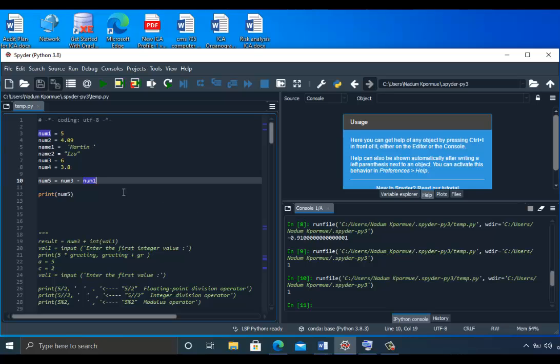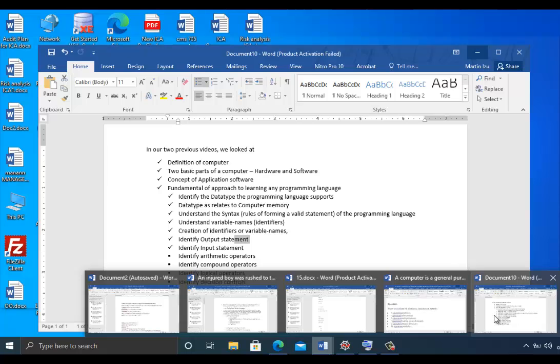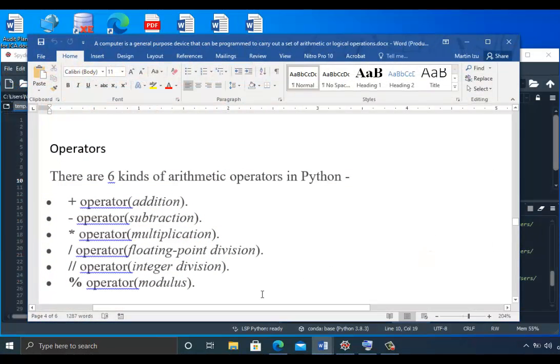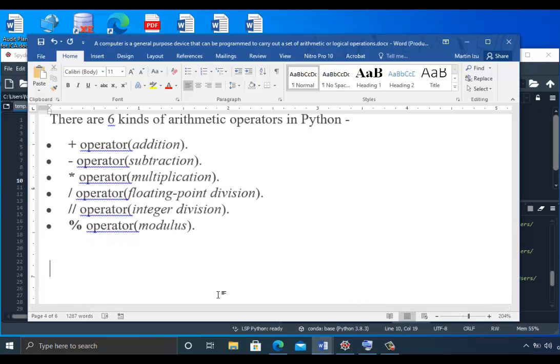Then we output the statement. When we talk about subtraction, we are looking at difference. What that simply means is that 6 minus 5 is equal to 1. When we say 6 minus 5, we are saying what is the difference between 6 and 5?